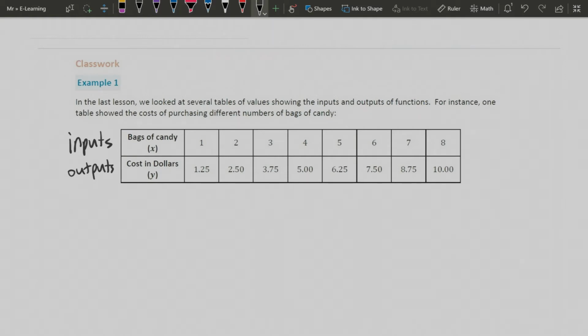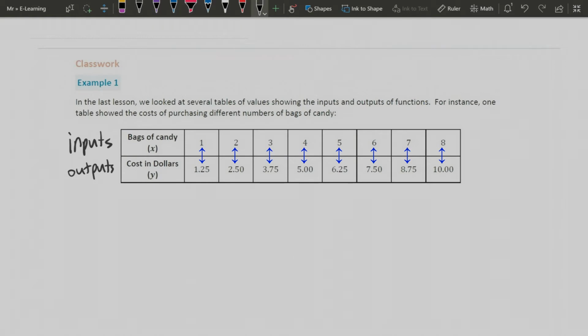So first, let's check if it's a function. Remember, the definition of a function is a rule that assigns to each input value exactly one output value. So does each input have an output? Yes, it looks like it does, because every number in the input row has an associated output value.